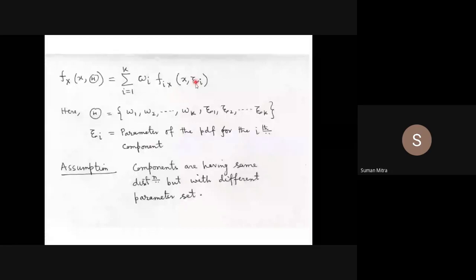Sigma 1 matrix is an n cross n matrix, so n square, and there are k such matrices, and there are k weights wi, w1 to wk. So n into k mu values and n square into k sigma values. So it is a large number of parameters to be estimated, right?